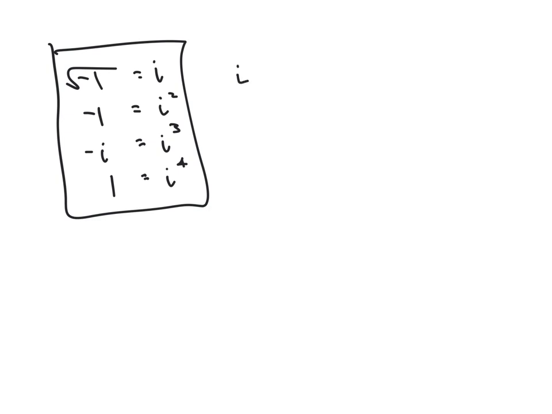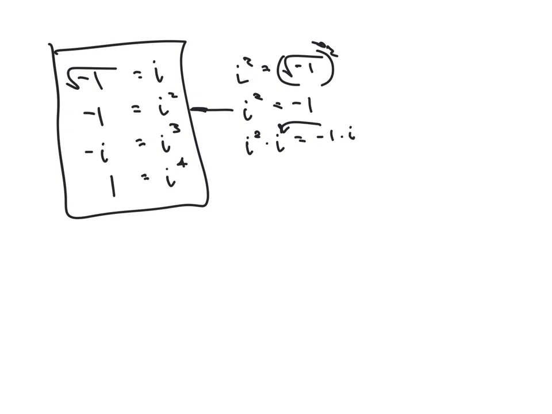So if i equals the square root of -1, if I squared both sides, the radical and the exponent go away, and we're left with -1. So that's where they get this one. i cubed is -i, because i cubed is i squared times i, right? i squared is -1, and -1 times i is -i.